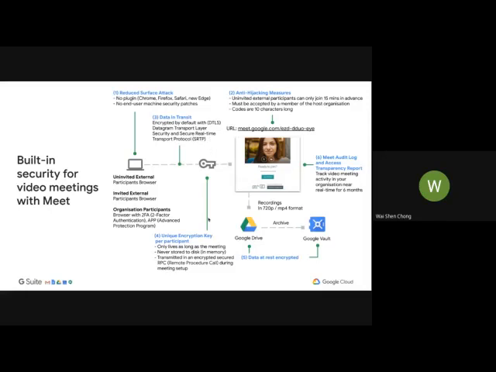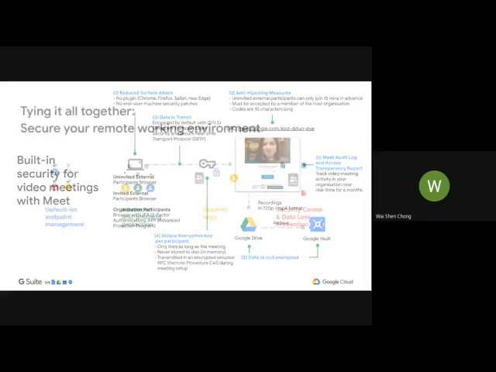And of course, there is a unique encryption key per participant. And yes, you have data at rest with Google, which has a lot more that we talk about in the Google security measures. And of course, you can always check your audit log and access transparency report from your G Suite admin console. And you can archive it if you do a recording.